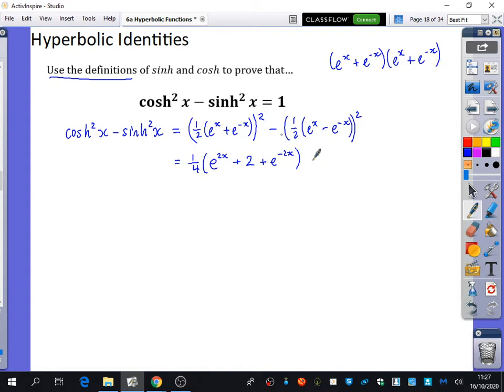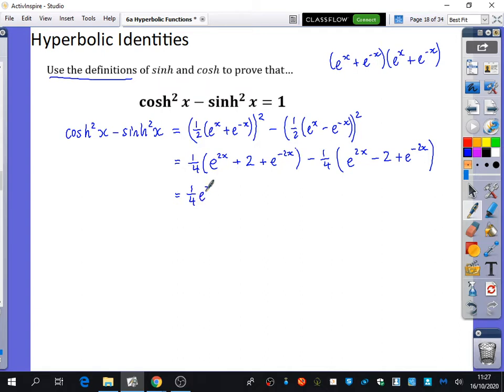Now this next bit, we are going to subtract a quarter of this thing, which is being squared. So how is this one going to be different? Yeah, so it's going to be e to the 2x minus 2 plus e to the minus 2x, like this. And then I'm going to expand all the brackets.